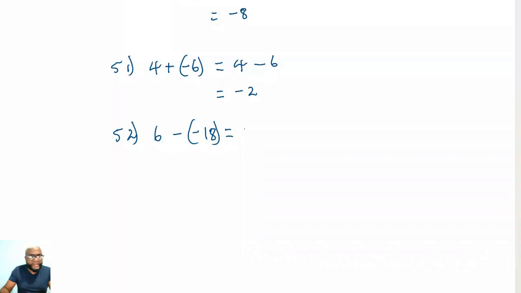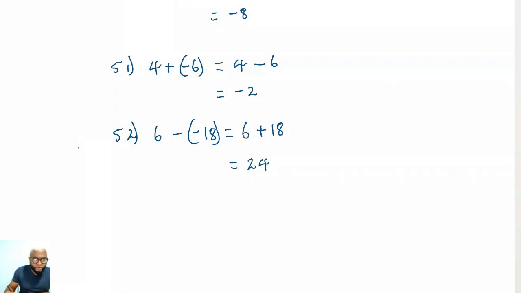So a negative and a negative will be a what? A positive. So it'll be 6 plus 18, which is 24.